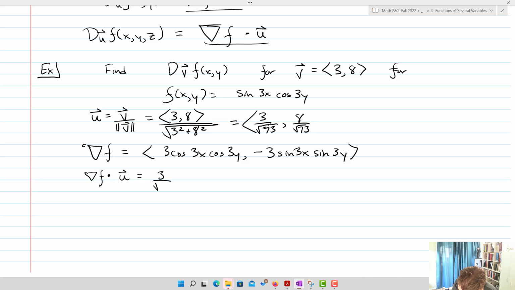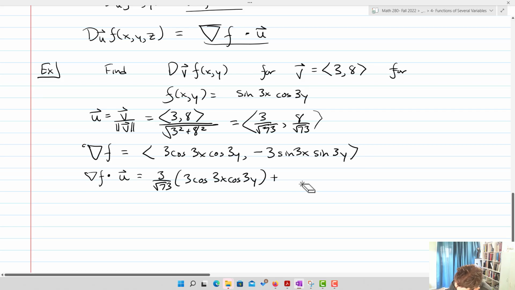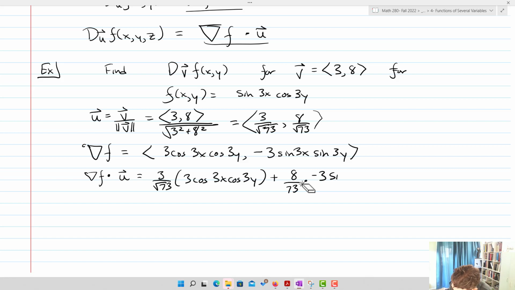3 over root 73 times 3 cosine 3x cosine 3y plus 8 over root 73 times negative 3 sine 3x sine 3y.